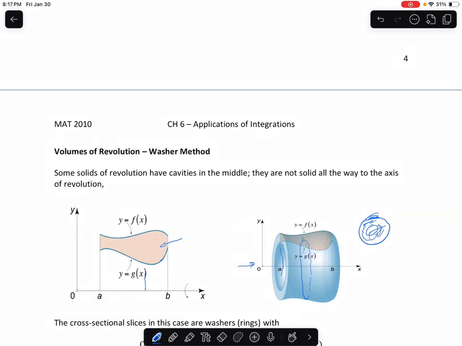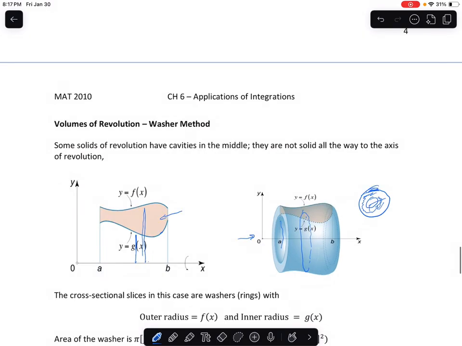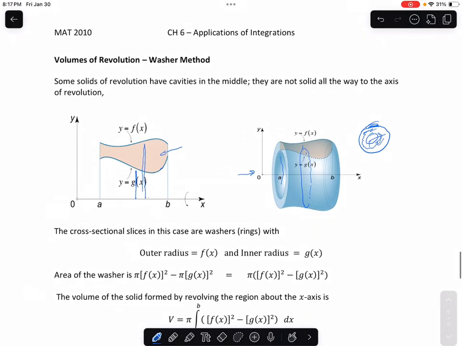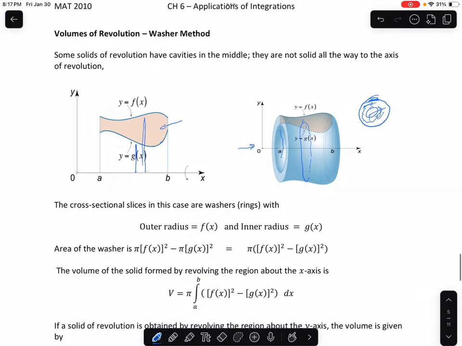The radius will be this much, which means f of x, and the radius of the smaller one will be g of x. So the radii are f of x and g of x. So we find the area of each. The area of the outer circle will be pi f(x) whole square, and the area of the inner will be pi g(x) whole square.